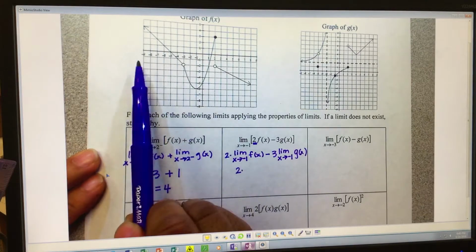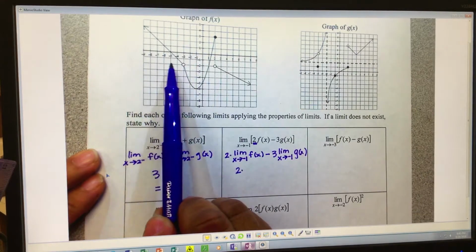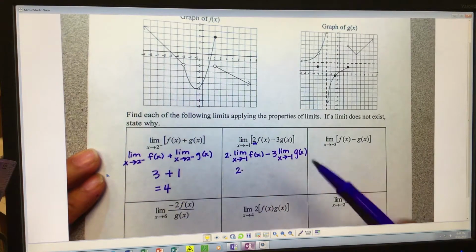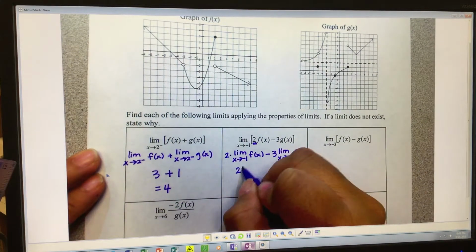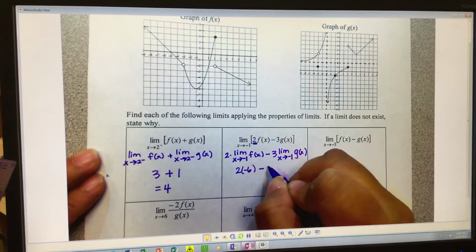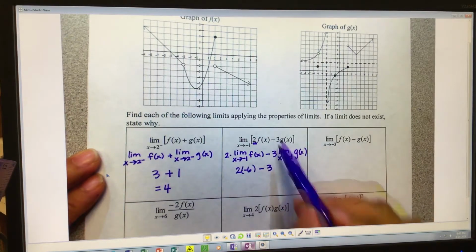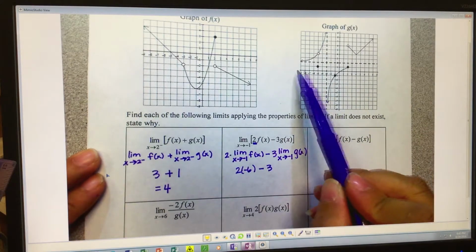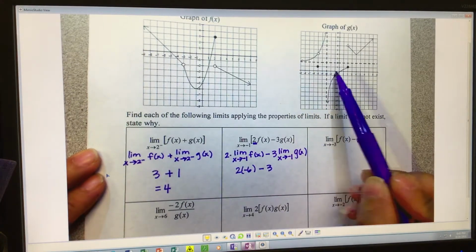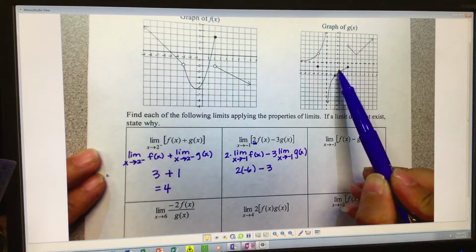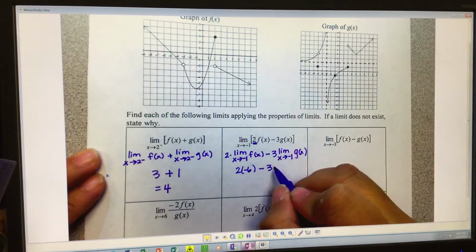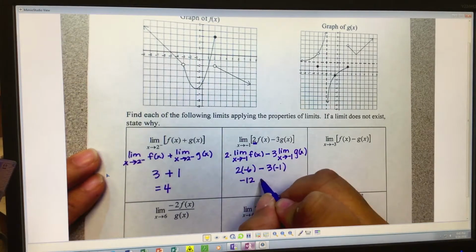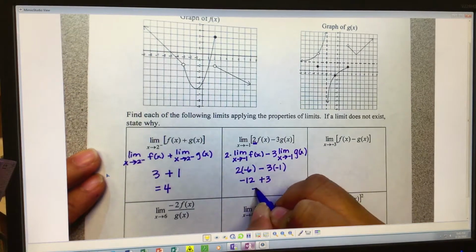Negative 1 is here, so from the left and from the right it is negative 6. We're going to minus here, and then g of x from the left and from the right is negative 1. And then we just use simple math here. So negative 12 plus 3 is equal to 9.